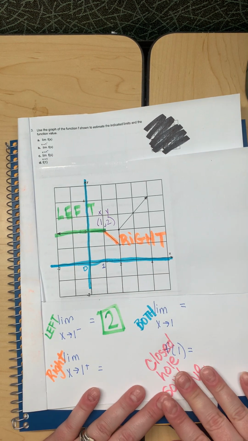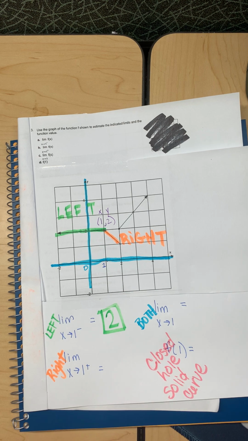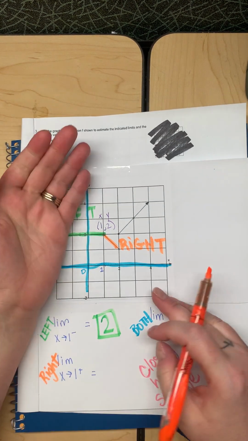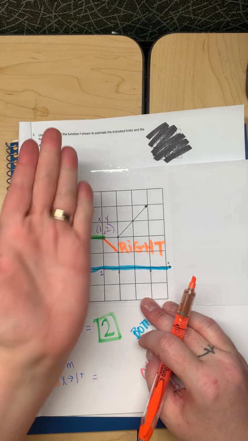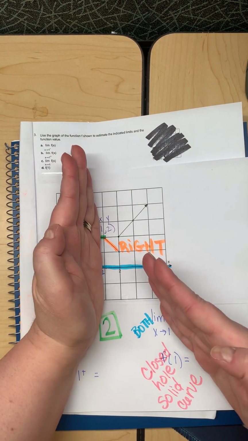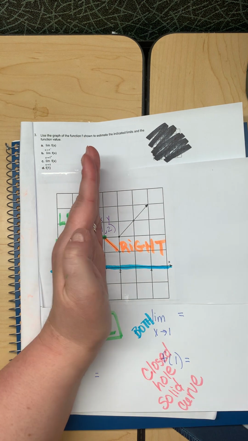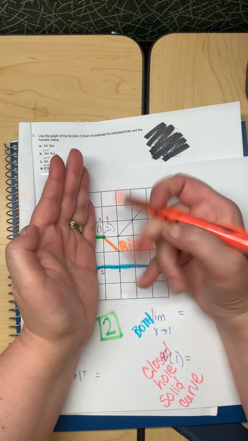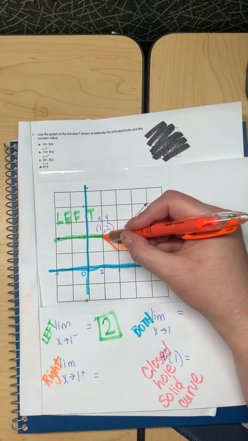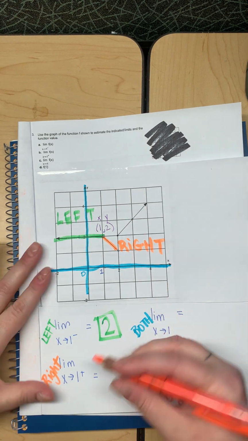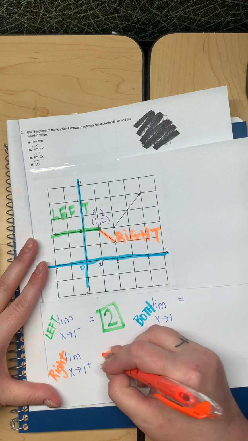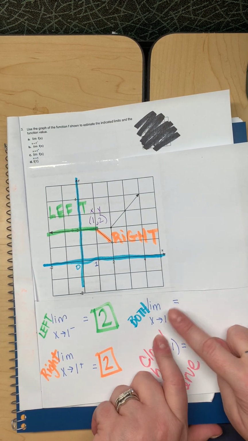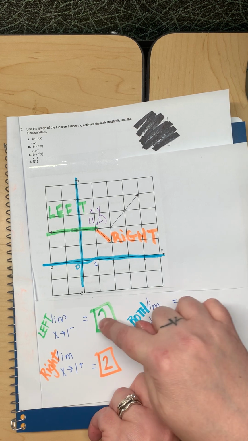Okay, now let's look at the Y value as we come in from the right. So as we approach X is 1, right here, from the right, what is our Y value? So from the right, we land at this same point, and the Y value is 2. Okay, now for X approaches just regular 1, we consider both.